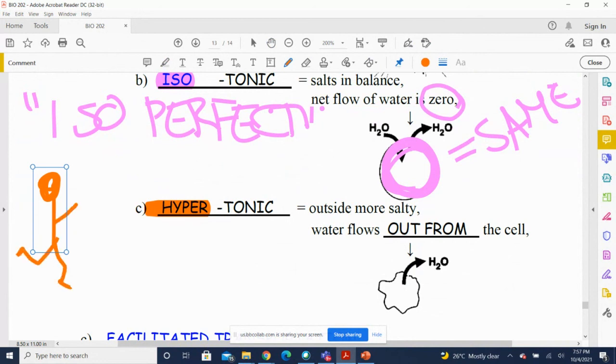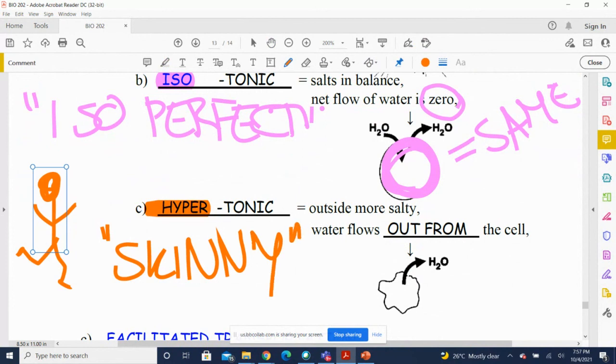So they get very skinny as a result of that. There are skinny cells. And in this case, water is flowing out from the cell, and the cell ends up shrinking and shrinking and shrinking, and eventually might even end up drying up.